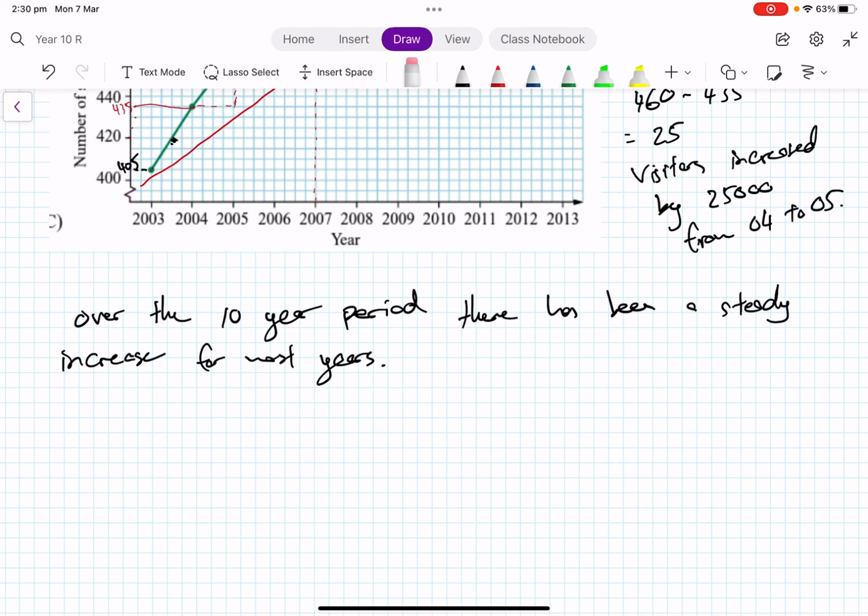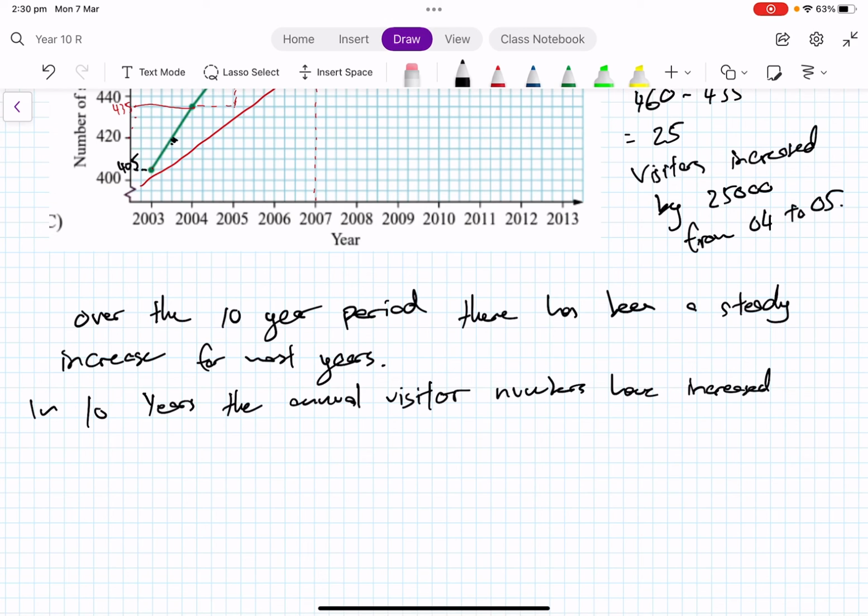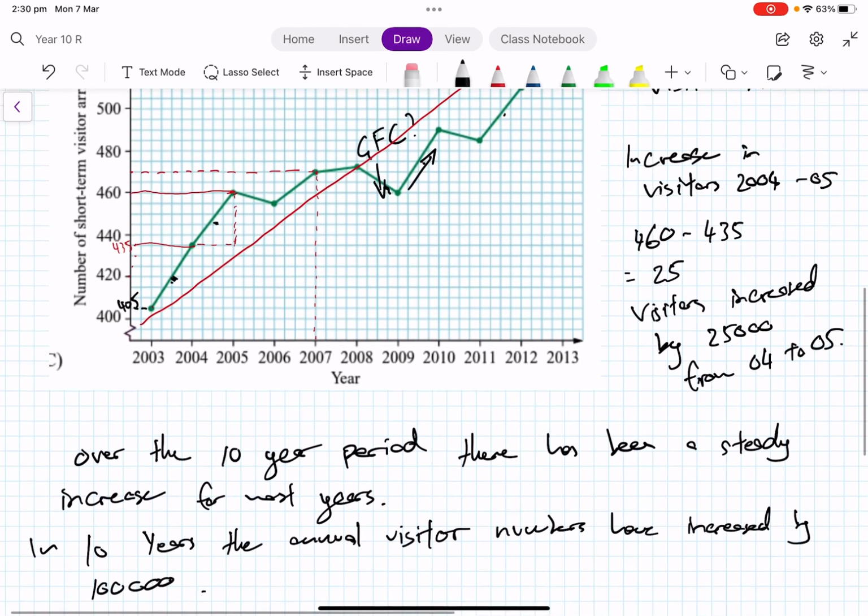So in 10 years, the annual visitor numbers have increased by 100,000, right? Which is a significant number. So that's when we talk about trend.